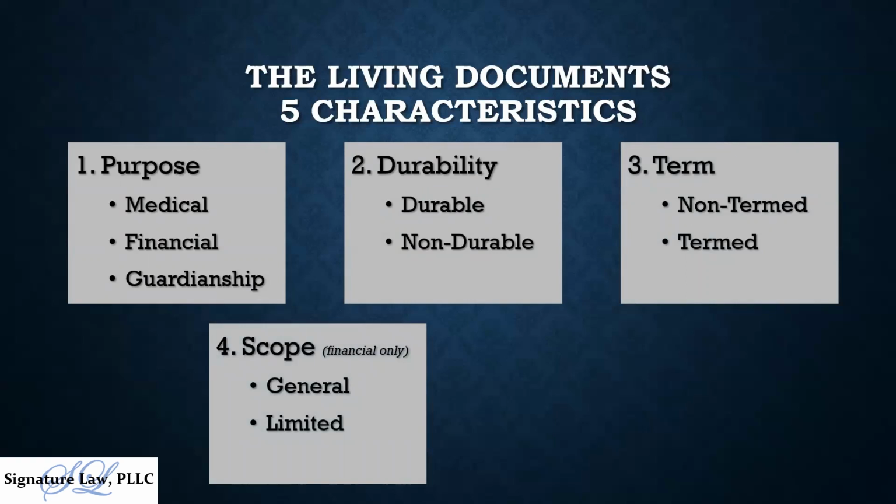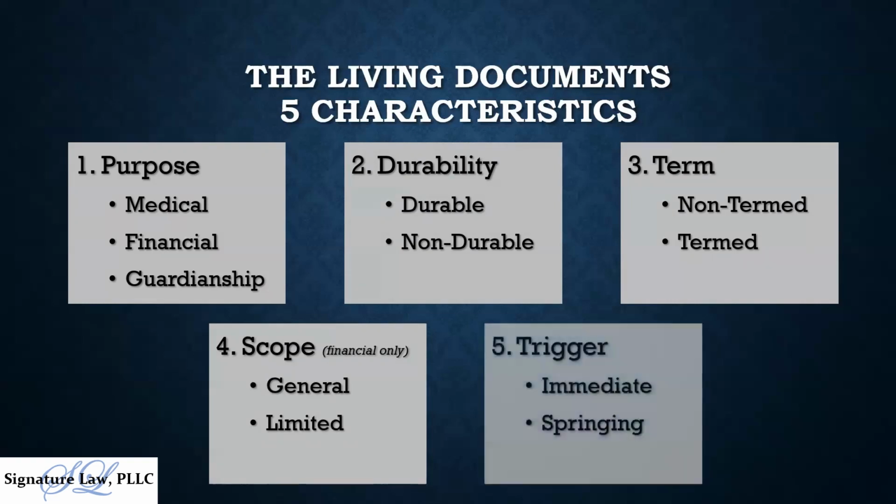Under the Minnesota Financial Durable Power of Attorney statute, there are 13 enumerated authorities that can be given to an attorney in fact. If it's a general power of attorney, that means you're giving all of those authorities to your attorney in fact. If it's a limited power of attorney, you're just giving some of those powers or even just one of those authorities to your attorney in fact.